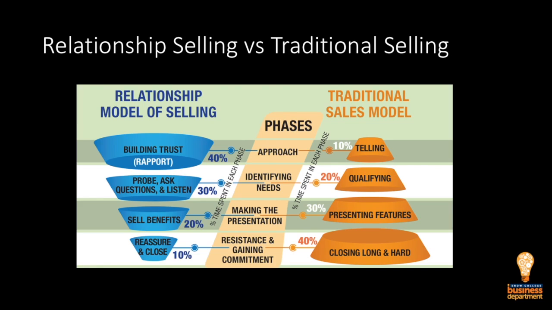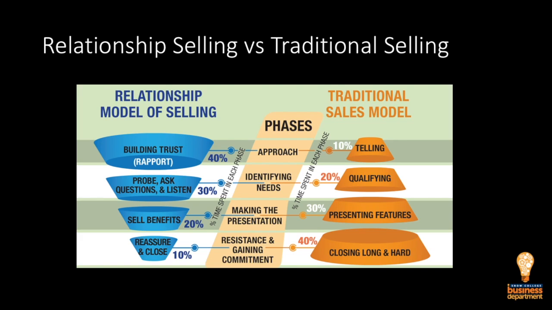Identifying needs, you're spending 30% of your time in the relationship model probing, asking questions, listening, and then in the traditional model, you're spending 20% qualifying. In the relationship model, you're spending 20% of your time selling benefits, whereas in the traditional model, you're spending 30% of your time presenting features. And then lastly, you're only spending 10% of your time reassuring and closing in the relationship model, whereas you're spending 40% of your time closing long and hard in the traditional model.